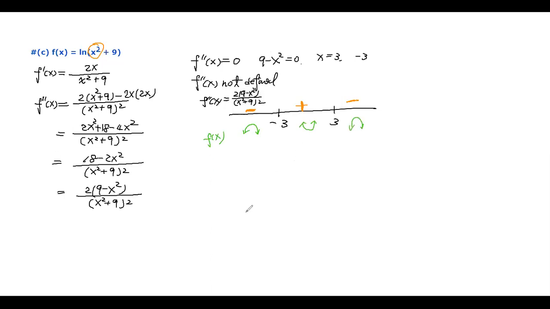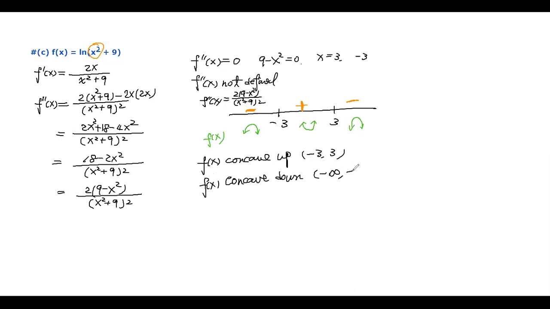Okay, so now I can say f of x is concave up from where to where? Negative 3 to 3, right? And f of x is concave down where?